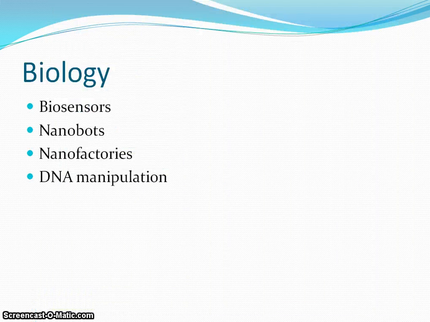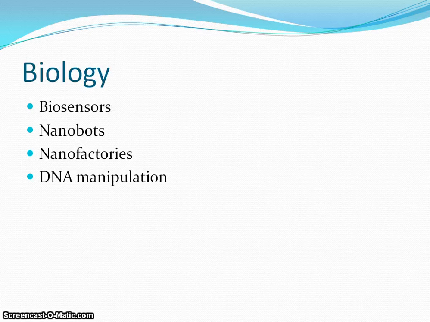Okay, so now let's get into some biology. There's quite a few different things that can be made from nanotechnology. Biosensors, which would be used to target certain cells, such as cancer cells, for pinpointing them and then inducing apoptosis, which is programmed cell death.